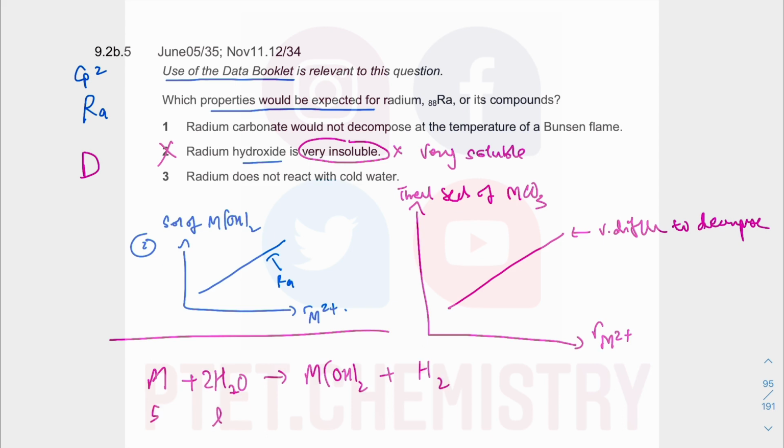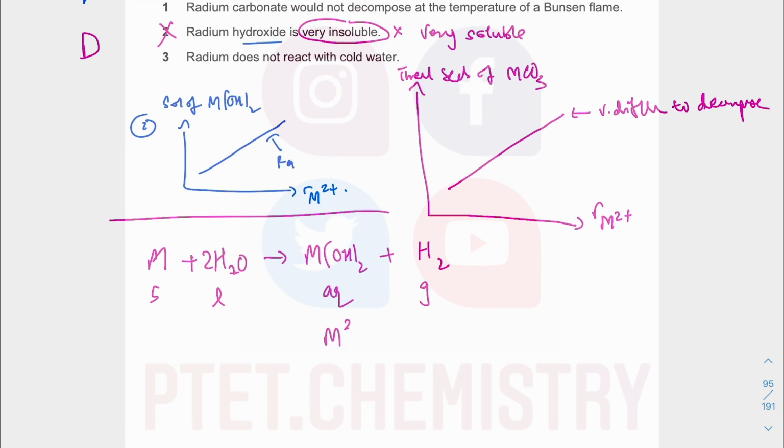That is solid, liquid, aqueous, and gas. What is important is this is M2+, which means M in the +2 oxidation state, and this is M0. You need to lose electrons, you need to be oxidized. And this becomes easier as you go down group 2, due to the outermost shell electrons, your valence electrons, being more shielded. These are concepts from atomic structure.